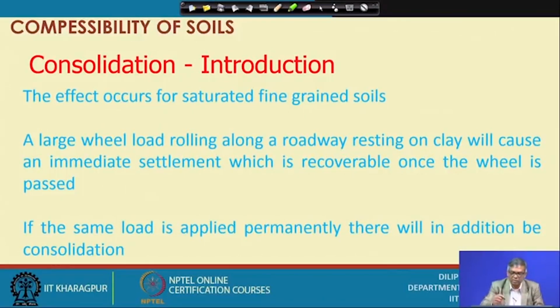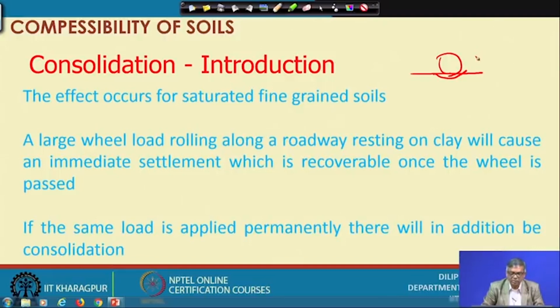That means that is the elastic behavior I mentioned: suppose a load is applied through a wheel on the road, then initially there will be a depression, but when the wheel passes, it comes back to the same position. That is elastic compression. But this consolidation settlement is not recoverable, and it occurs with time.